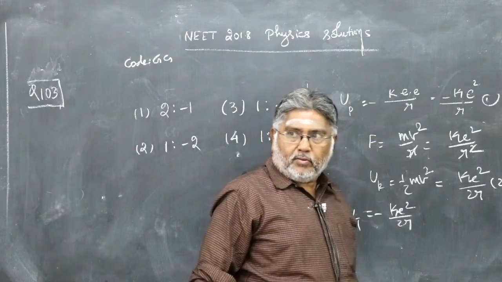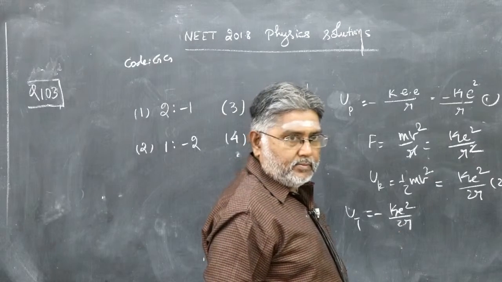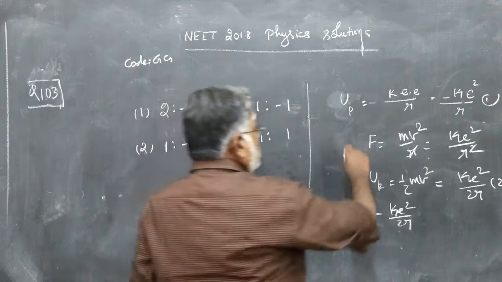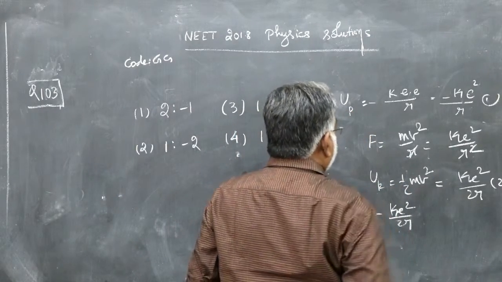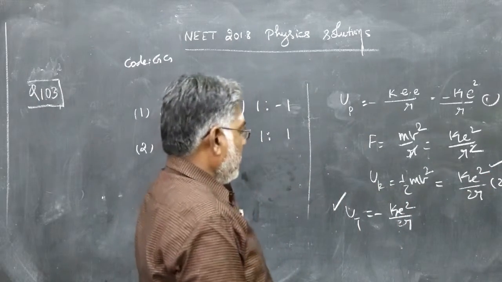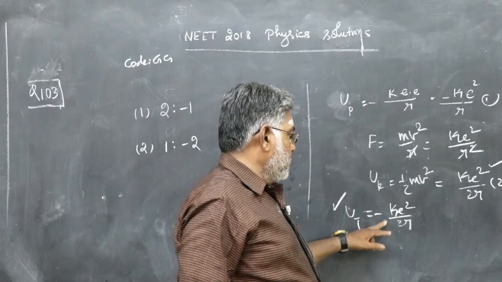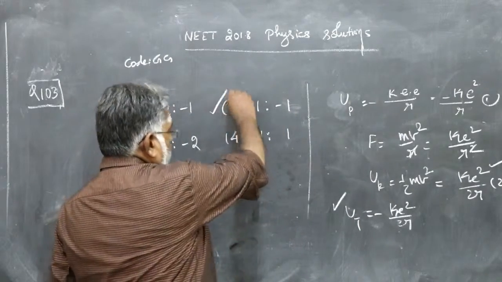Now the idea here is total energy is here, kinetic energy is here. You just see. Kinetic energy is K e squared by 2r, total energy is minus K e squared by 2r. So 1:-1. That is the answer.